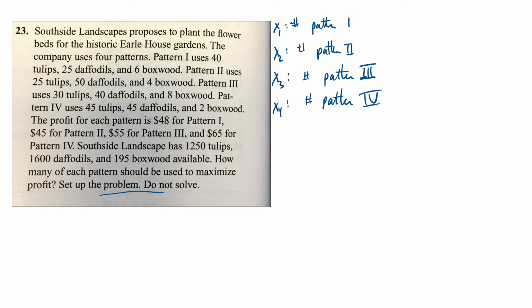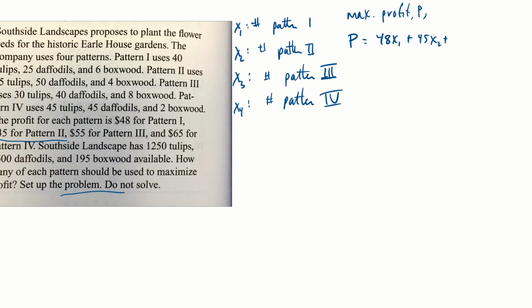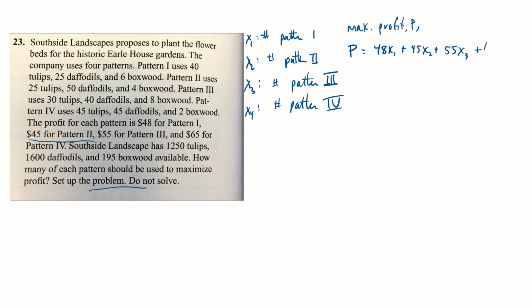Okay, so now we want to maximize profit. So profit P. Do we know what the profit for each pattern is? 48 for pattern 1, so 48x1 plus 45x2 plus 55x3 plus 65x4, right?